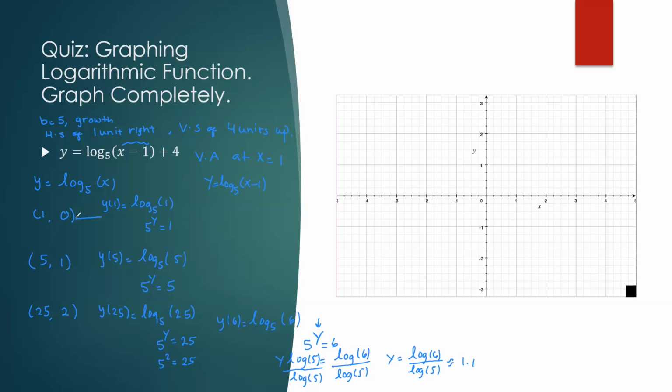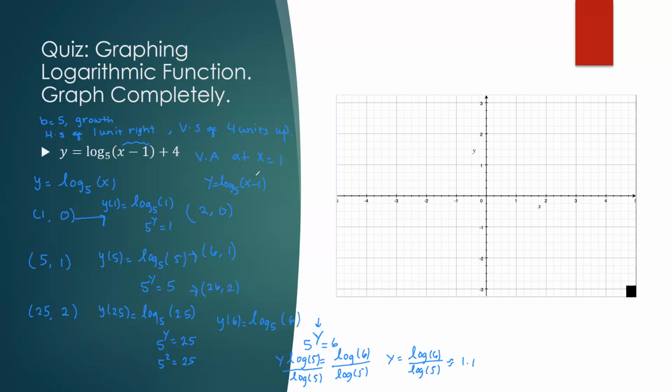So (1, 0) will no longer be (1, 0). It would be (2, 0), right? You add 1 to the x value. (5, 1) will be (6, 1). (25, 2) will be what? (26, 2), right?